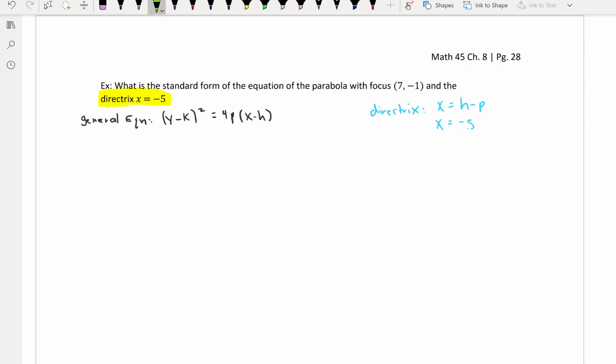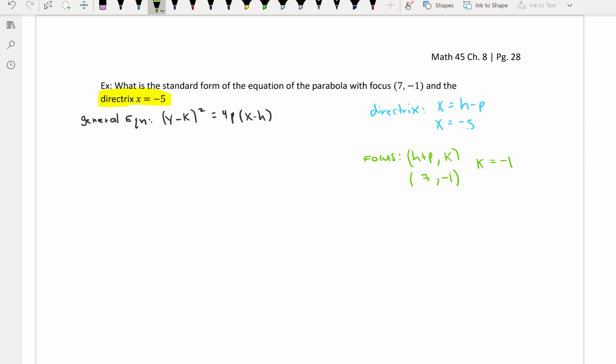The other piece of information that I have is my focus. The focus is going to be given to you as h plus p, comma, k. So I have that as 7, comma, -1. So at least that tells me that my k value is equal to -1. So that's nice.